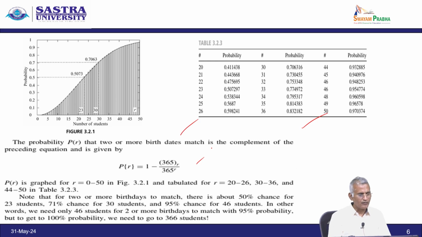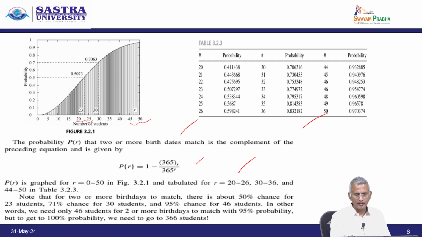Therefore, we have a graph of P of r where r varies from 0 to 50, and it is tabulated between 20 to 26, 30 to 36 and 45 to 50. So, these are the things to be determined corresponding to the graph of the probability, and note that it is for 2 or more birthdays to match.